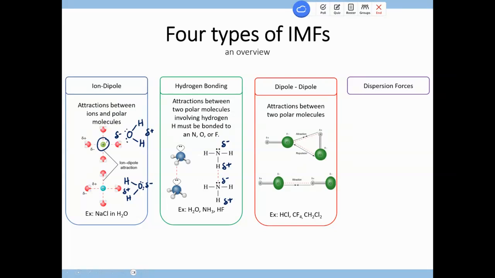The partial negative on one HCl molecule is attracted to the partial positive on another HCl molecule. That force of attraction is dipole-dipole. So HCl is an example. CF4 is not an example. Cross that one out. CF4 is a nonpolar molecule, so that doesn't work here. But CH2Cl2 does work.